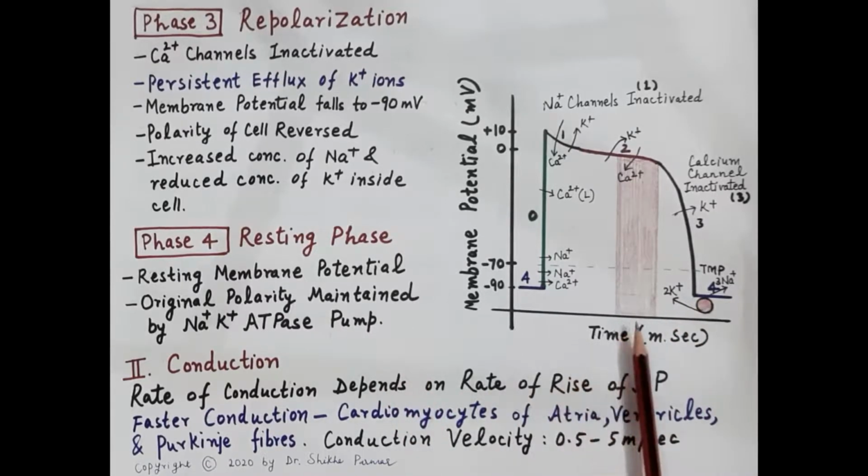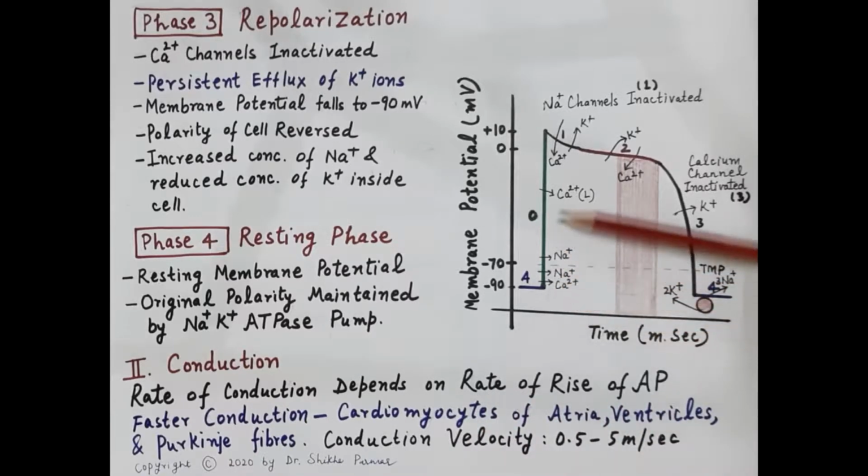So this is the action potential. Now action potential is followed by the conduction. The action potential, which is generated in a normal cardiac cell, is propagated to the adjacent cardiac cell. Rate of conduction depends upon the rate of rise of action potential.